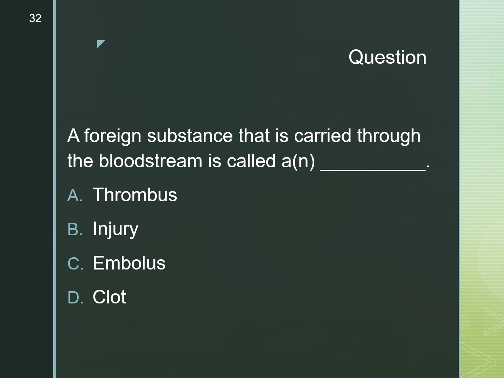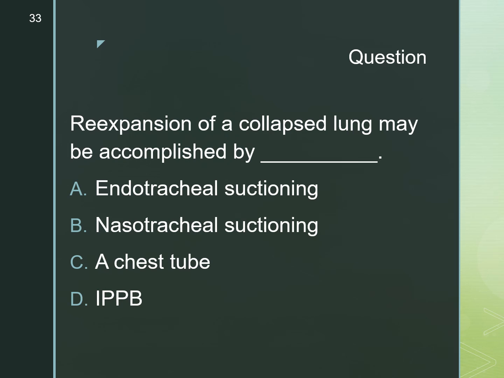A foreign substance that's carried through the bloodstream is called? This is an embolus. A thrombus is just going to be the clot. When it travels, we call it an embolus. Re-expansion of a collapsed lung may be accomplished by a chest tube.